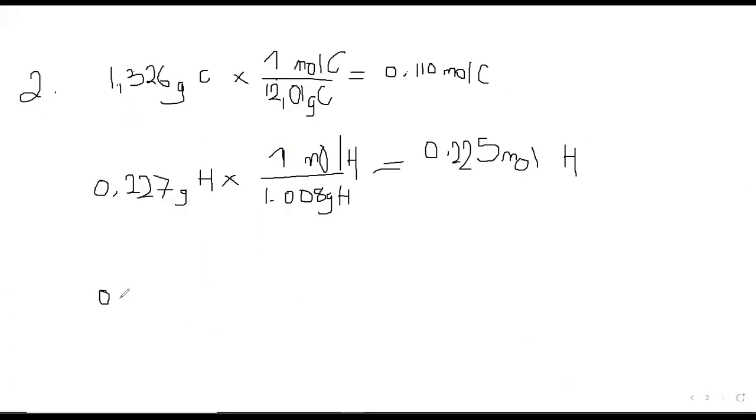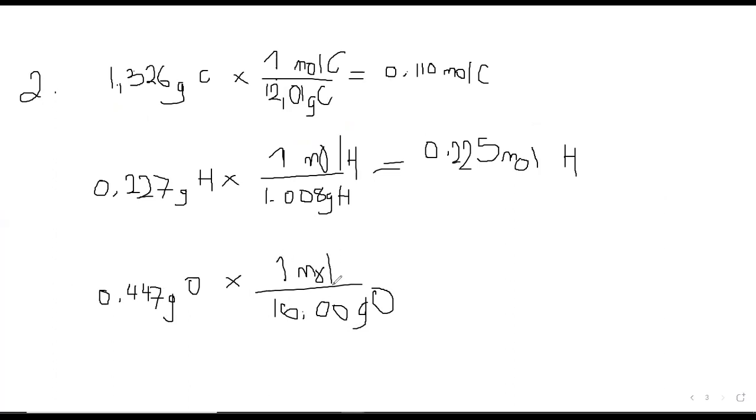Then we also have the last one for oxygen, which is 0.447 grams of oxygen. We know that in every 16 grams of oxygen, we have 1 mole of oxygen.